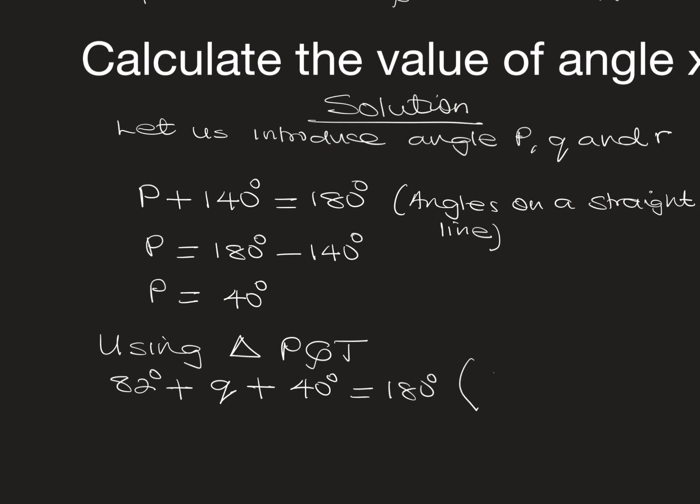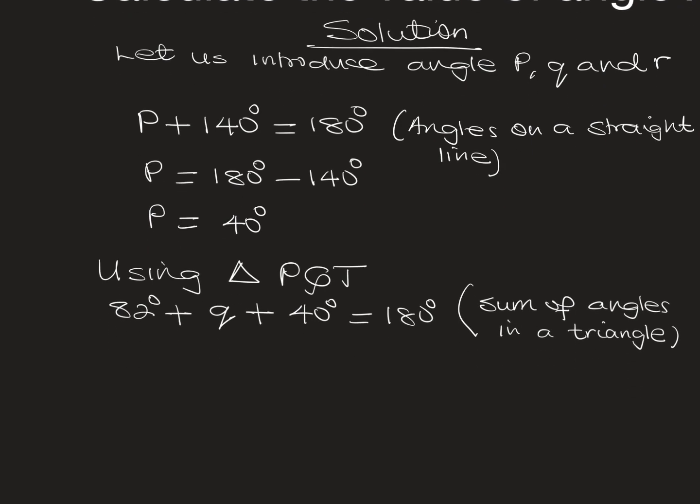Because of the sum of angles in a triangle. So 82 plus 40 is 122 degrees plus Q is equal to 180 degrees.